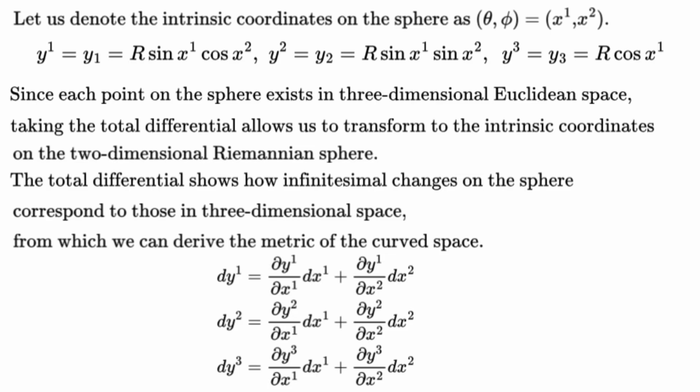Since each point on the sphere exists in three-dimensional Euclidean space, taking the total differential allows us to transform to the intrinsic coordinates on the two-dimensional Riemannian sphere. The total differential shows how infinitesimal changes on the sphere correspond to those in three-dimensional space, from which we can derive the metric of the curved space.